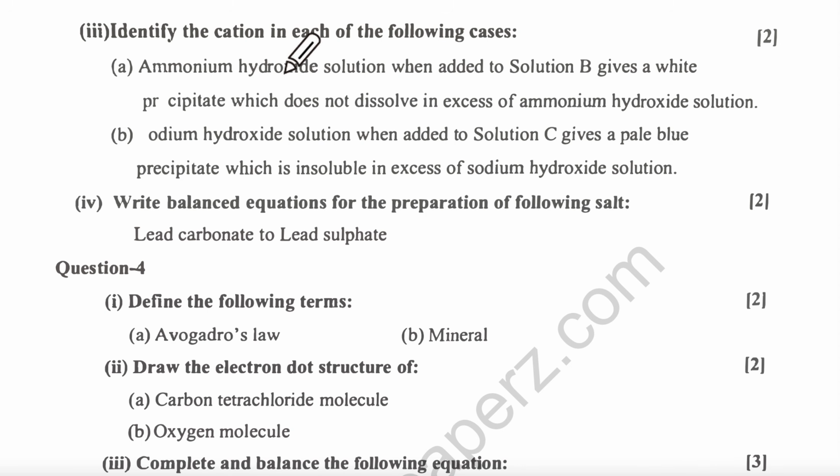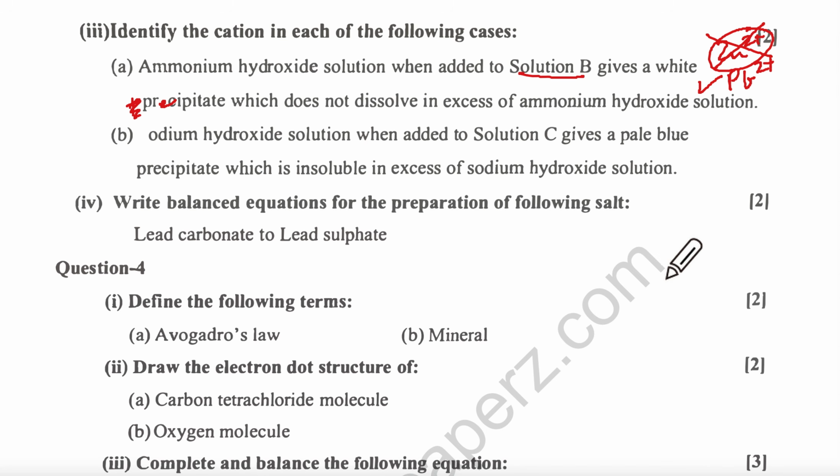Okay, so where were we? Solution B when added gives white precipitate which does not dissolve in excess. Does not dissolve in ammonia means it is Pb2+. Because if it is Zn2+, it will be white, but it will be soluble.